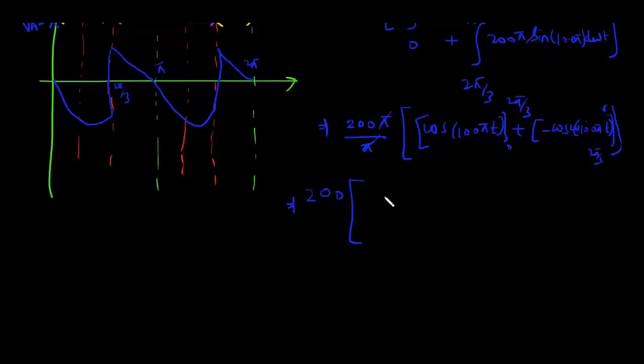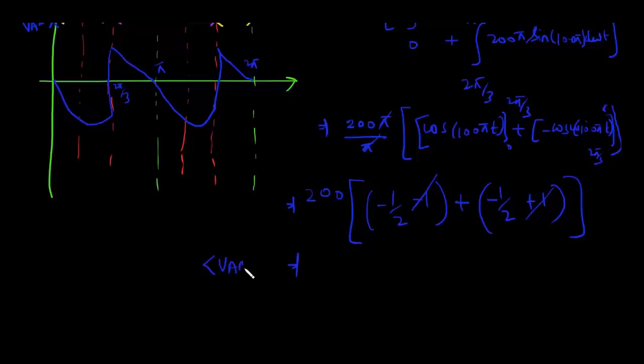Now cos of 2π/3 is minus half, and the 1 and minus 1 will cancel out. So what you will get is VAB average equal to minus 200 volt.